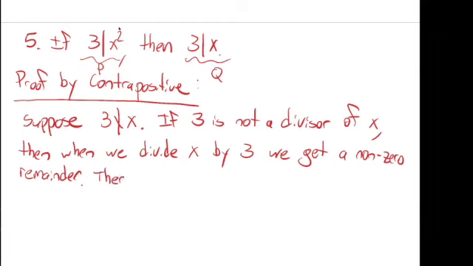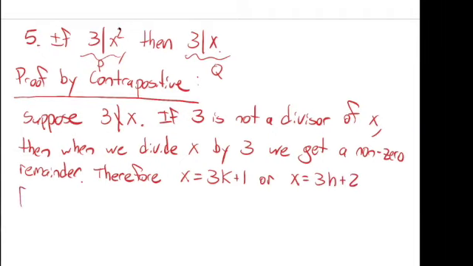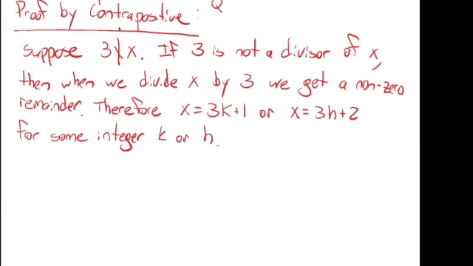So we could say, therefore, one way that we could restate what it means to not have 3 as a divisor means that when we divide x by 3, we have a remainder.